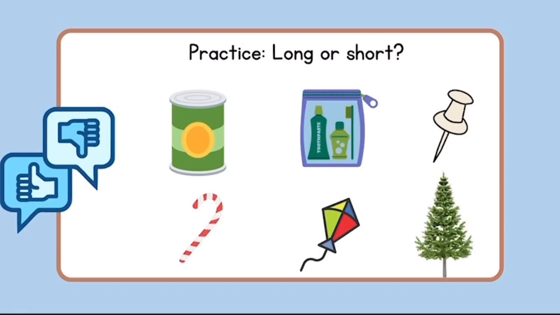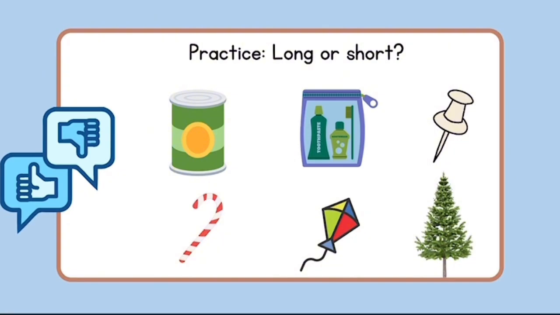Then for the practice or the activity, I'm going to ask them to sort the words and tell me with thumbs up or thumbs down if the sound is long. If it's not, they're going to give me thumbs down.